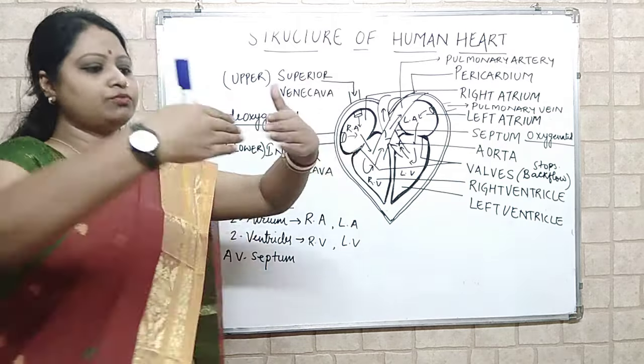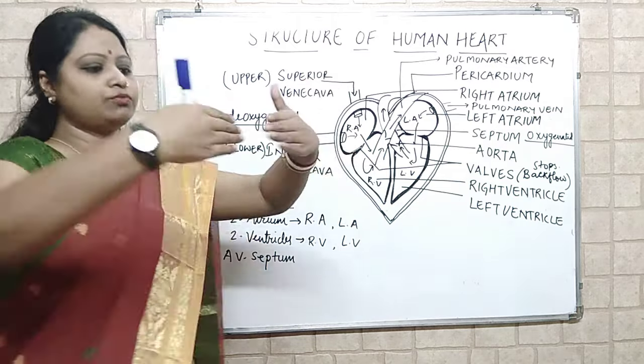Now, the right atrium gets deoxygenated blood from the whole of the body, the lower part and upper part of the body. They will get this blood through the veins. Veins join together to form larger veins called vena cava.